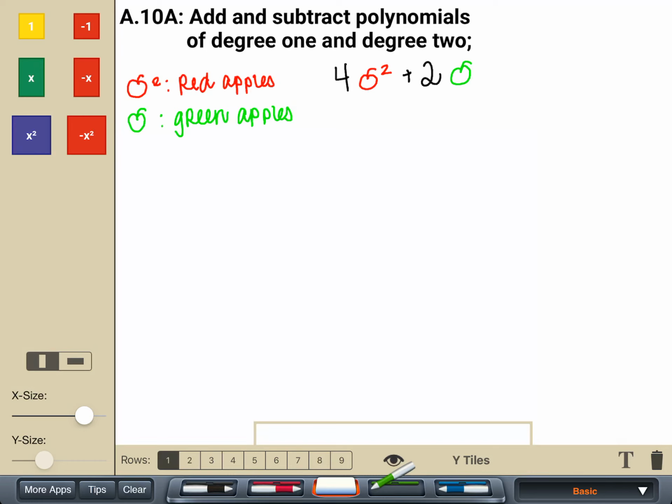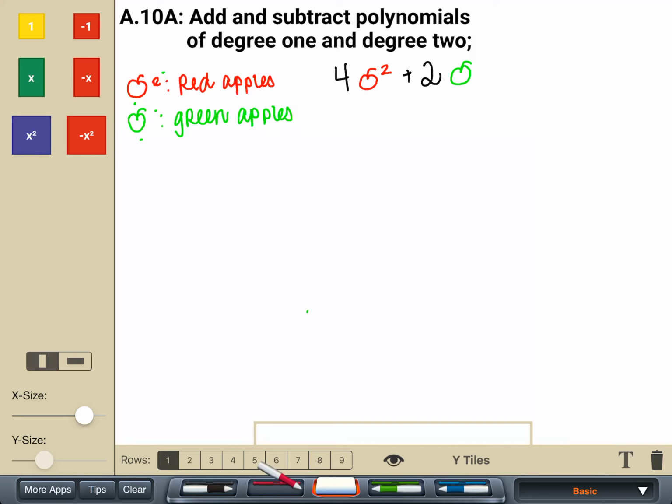Well, yes, they're both apples, so that's why the base is going to look the same. But red and green are going to be charged differently. Red and green apples are not going to be the same exact thing at a grocery store. Hence why we're using the same base, but different exponents, because they're representing something different.